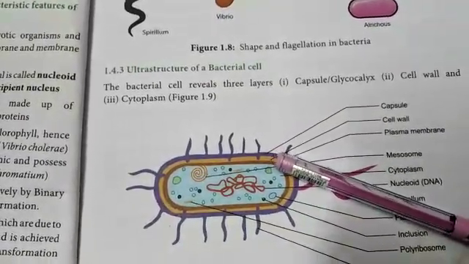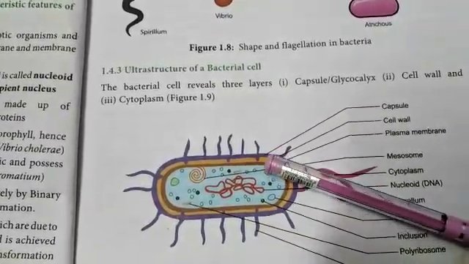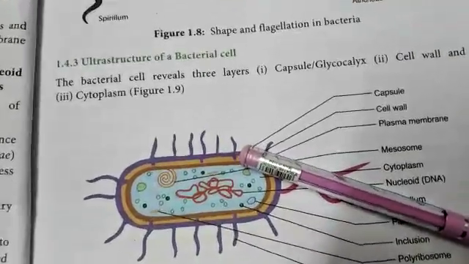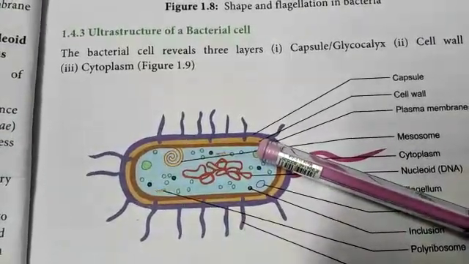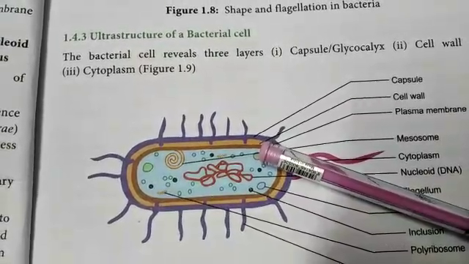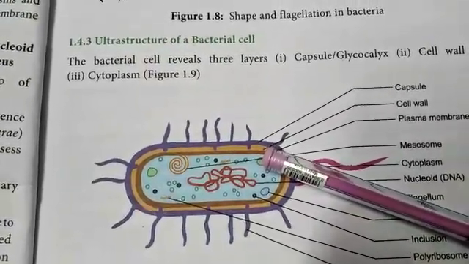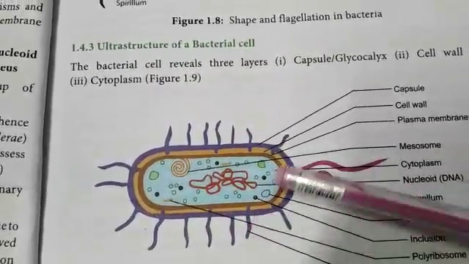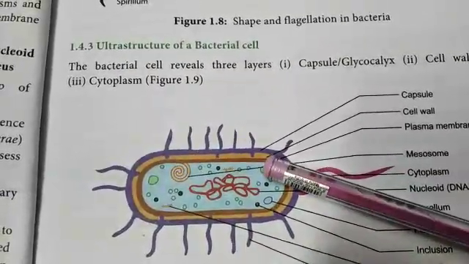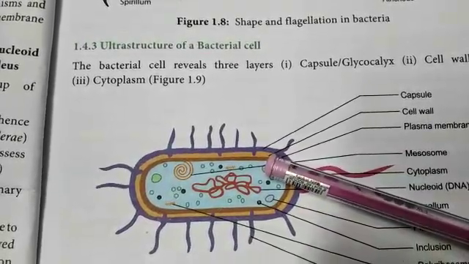The next one is the cell wall. The cell wall is granular and rigid, and it gives protection and shape to the bacterial cell. The bacterial cell wall is made up of peptidoglycan and mucopeptide.